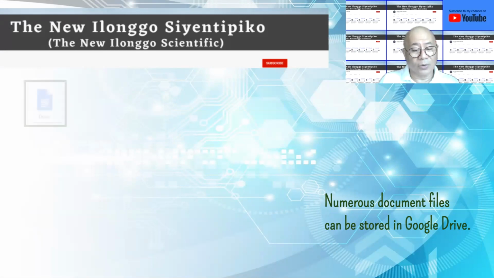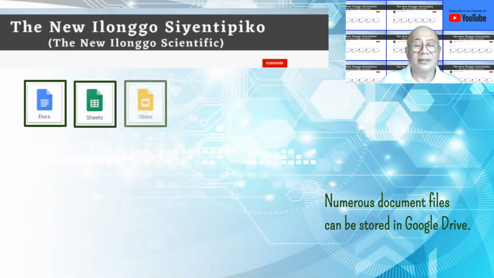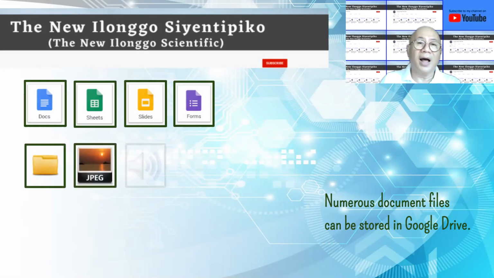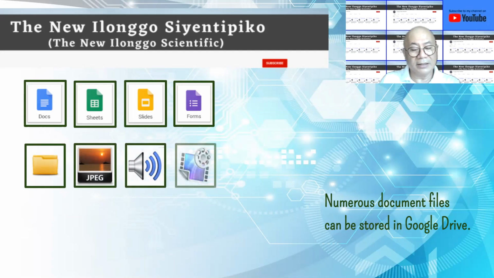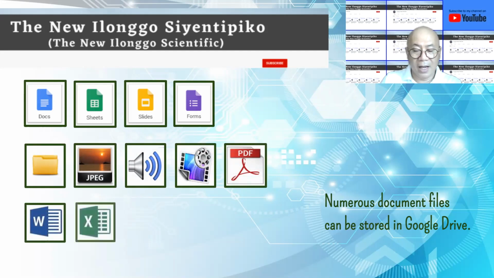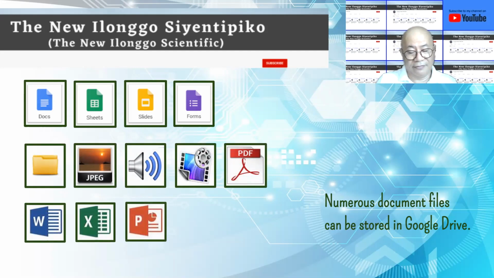You can create Google Docs, Google Sheets, Google Slides, and Google Forms files on your Google Drive. Like folders in your computer, you can also upload additional folders, image files, audio files, video files, PDFs, as well as Microsoft Word, Microsoft Excel, or Microsoft PowerPoint files from your computer drive.